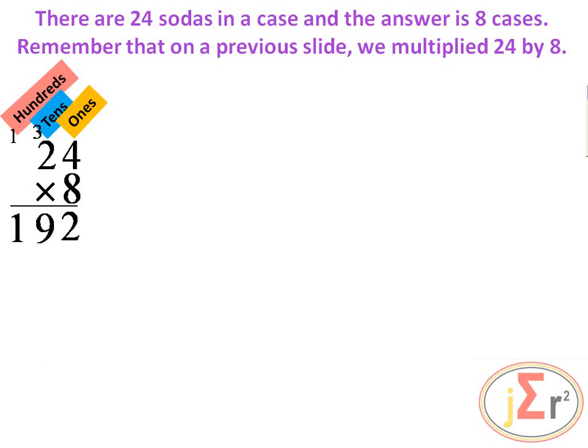There are 24 sodas in a case, and the answer is 8 cases. Remember that on our previous slide, we multiplied 24 by 8. When we multiplied 24 by 8, what did we get? 192. How many sodas does she need? 200. Right. So if we use 8 cases, we'll just get 192 sodas. We will not get 200 sodas. It will be short by 8.